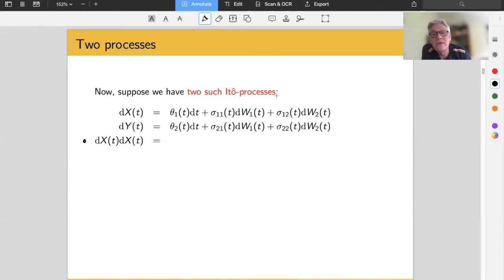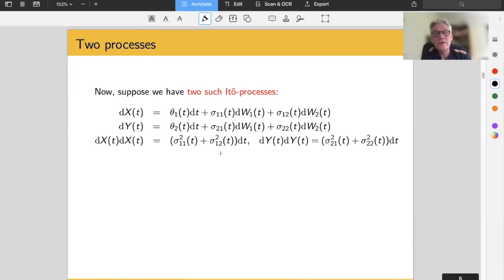And the mixed term here will again be 0 because W1 and W2 are independent. You can write it out if you need it, but we can see that dX dX is (sigma 11 squared plus sigma 12 squared) times dt. We can do the same for dY, and for dY we get essentially the same.